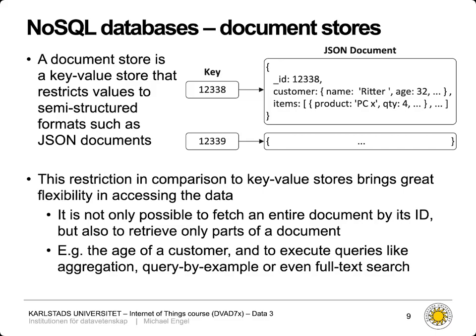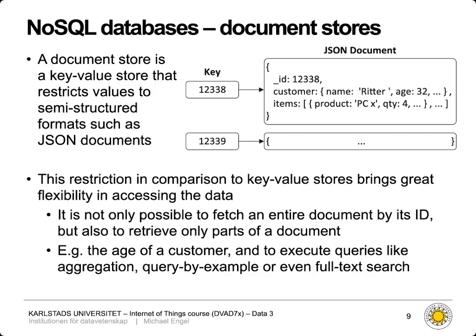So this is a restriction in comparison to regular key value stores, as we've seen on the previous slide, but it brings great flexibility to access the data because now we have something like document IDs, which are stored in the key. So we can not only fetch an entire document by its ID, but by having a JSON structure on the right-hand side, we can now also retrieve only parts of that document here.